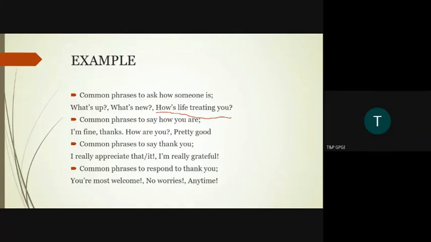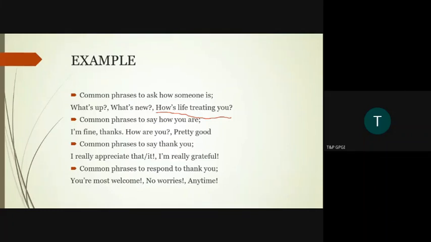Or if everything's going very well but you don't want to show off, you can say can't complain. If somebody is asking how things are and everything is going just great in your life, how can you respond?